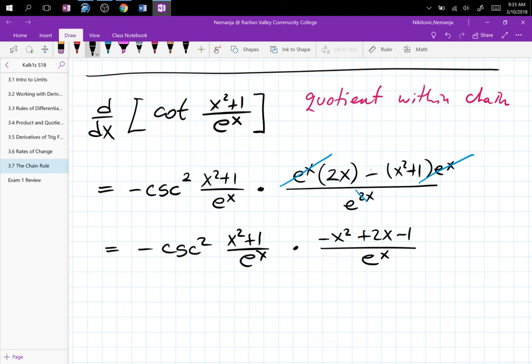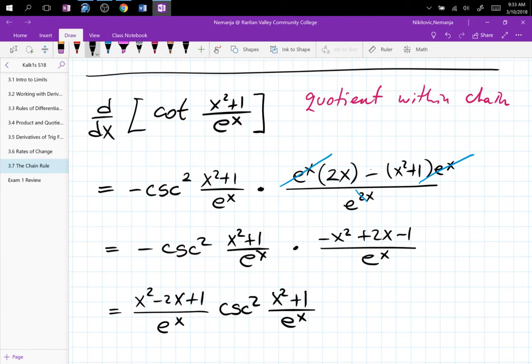What I'm going to do is take this negative 1 in front and multiply into numerator and change all of the signs and put it in front. So now I have x squared minus 2x plus 1 over e to the x times the cosecant squared of x squared plus 1 over e to the x.